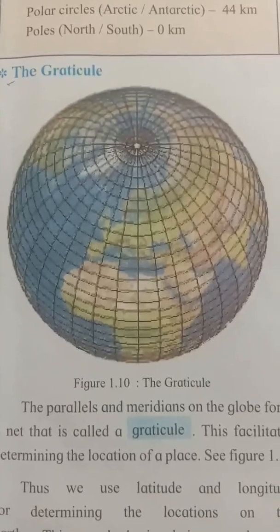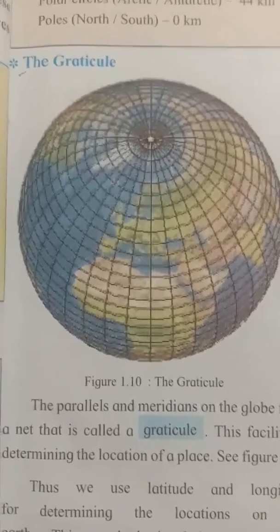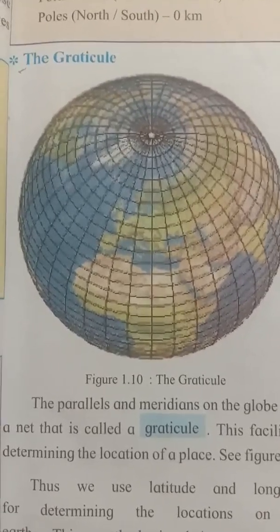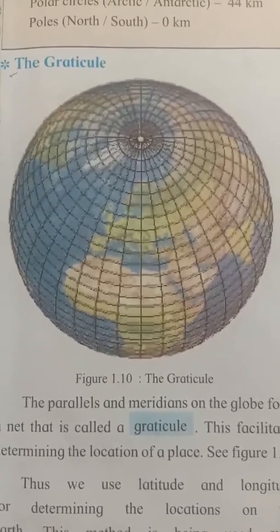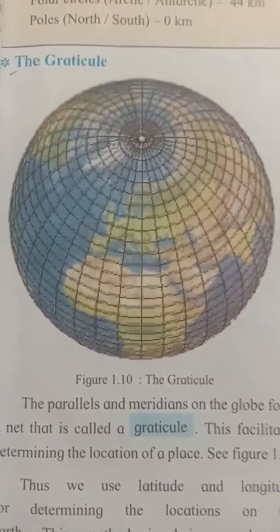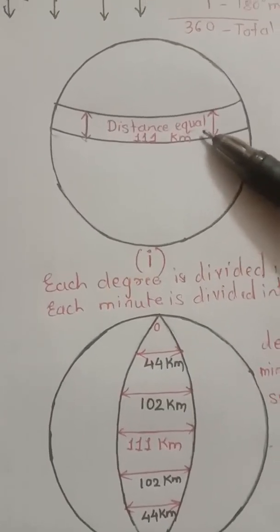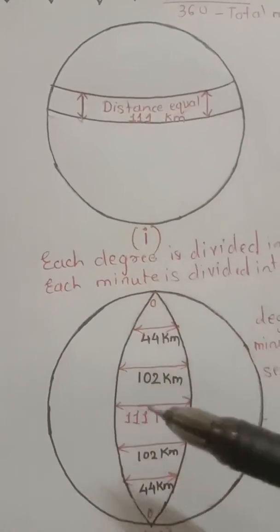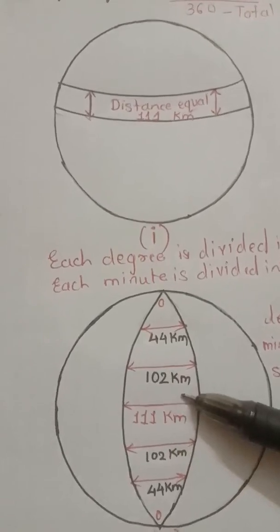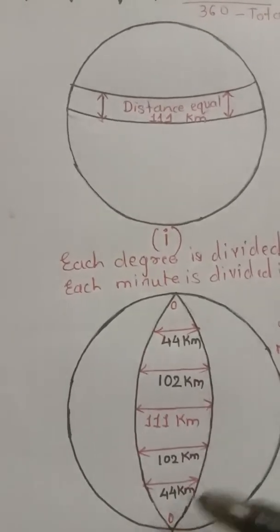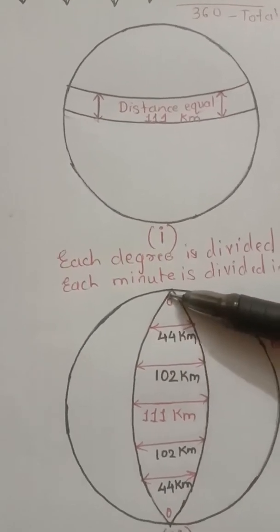Now we all know that our earth is very huge in size. So to locate a place exactly on the earth, we can make use of latitudes and longitudes. We know that the distance between two adjacent parallels is equal everywhere, but the distance between two adjacent longitudes is maximum near the equator, and it goes on reducing towards the poles, and at the poles it becomes 0.